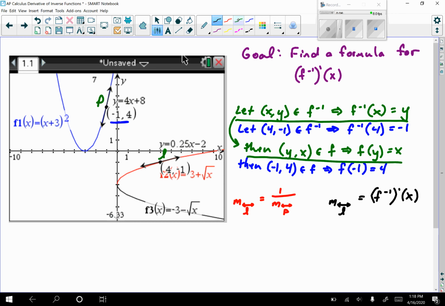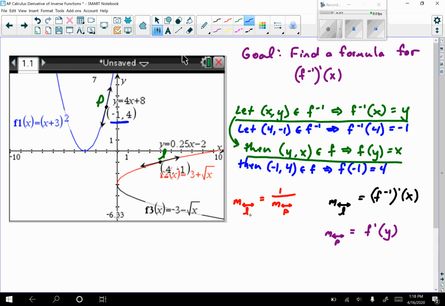And the slope of line P is the slope of this tangent line here, or the derivative. It is the derivative not of f of x, because we switched around the points. All points on the function here are labeled (y, x). So it is actually f prime of y instead of f prime of x.